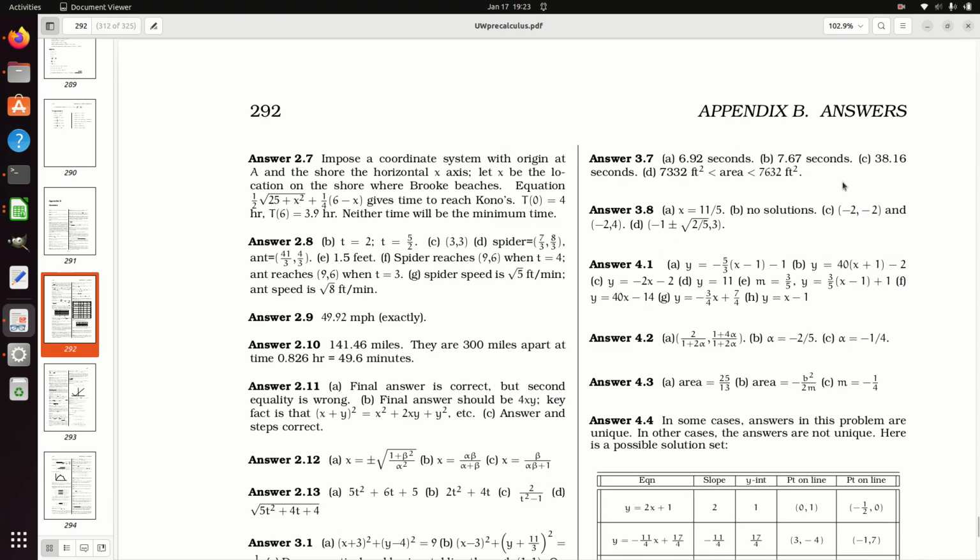But I don't know. And then I'm guessing the 38.16 seconds is something like when do they get done. And then what's the area?